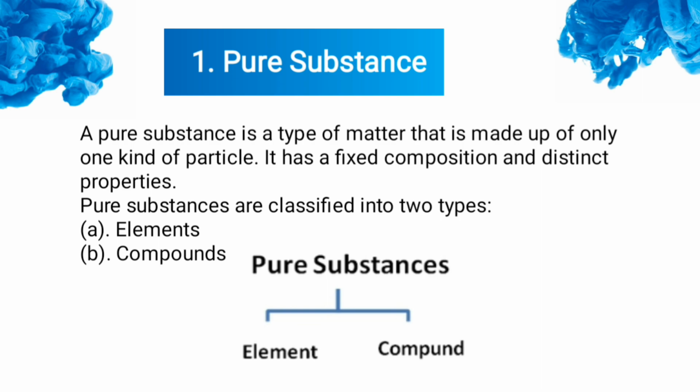A pure substance is a type of matter that is made up of only one kind of particles. It has a fixed composition and distinct properties.